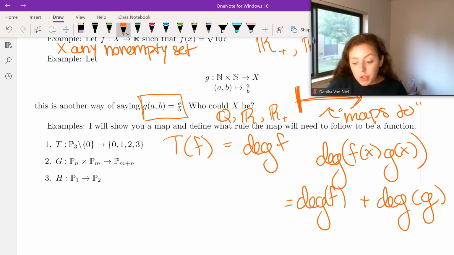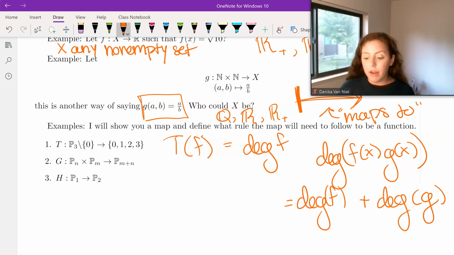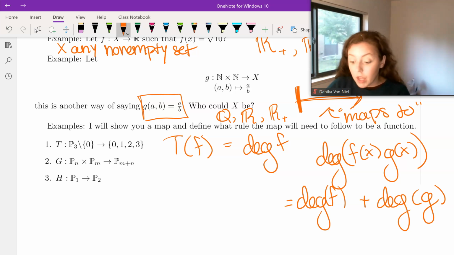So when you multiply f and g together, you get a whole bunch of stuff, but you know what that first term is, because the highest exponent is just going to be the multiplication of the highest exponent of f and the highest exponent of g. And like I said before, you would add those exponents. So we have degree of f plus degree of g.